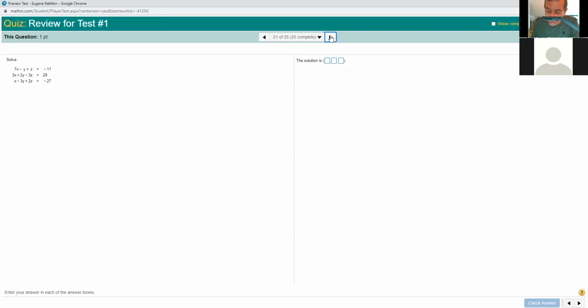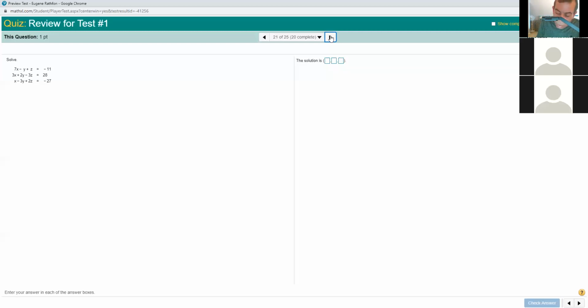So what I'll do, I'm going to take row 1 and 2 first. Since this is a positive 2y and that's a negative 1y, I'm going to multiply row 1 by 2 and add to row 2. So multiply row 1 by 2 and add to row 2.